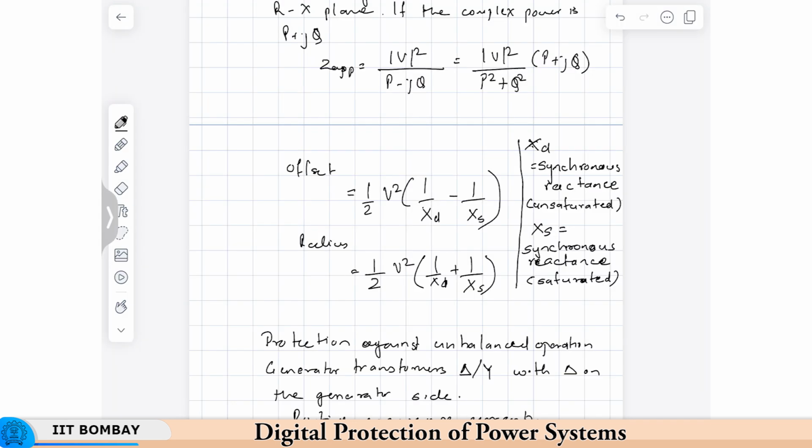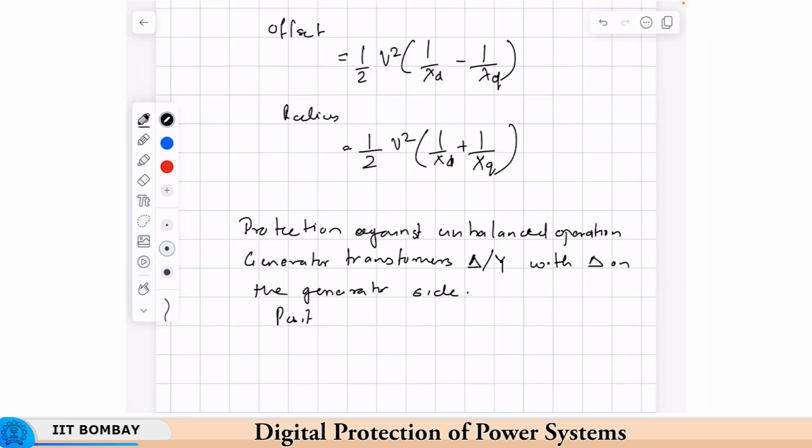If there is an unbalanced operation due to whatever reason, if there is a single phasing or even the loads in the three phases are different, then for a completely balanced operation you have only positive sequence currents flowing.